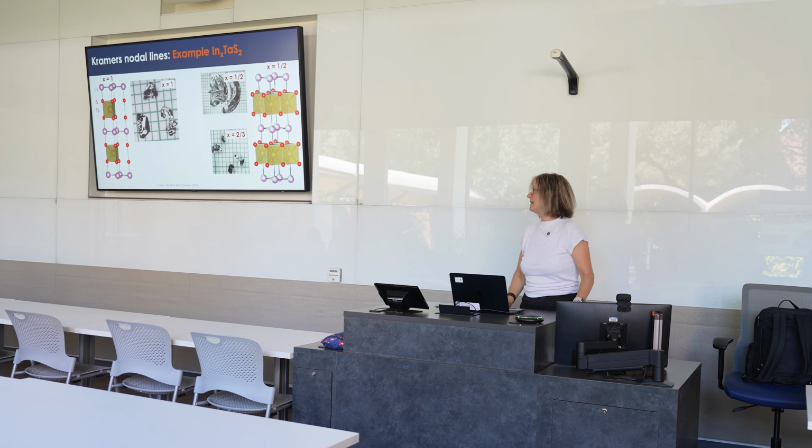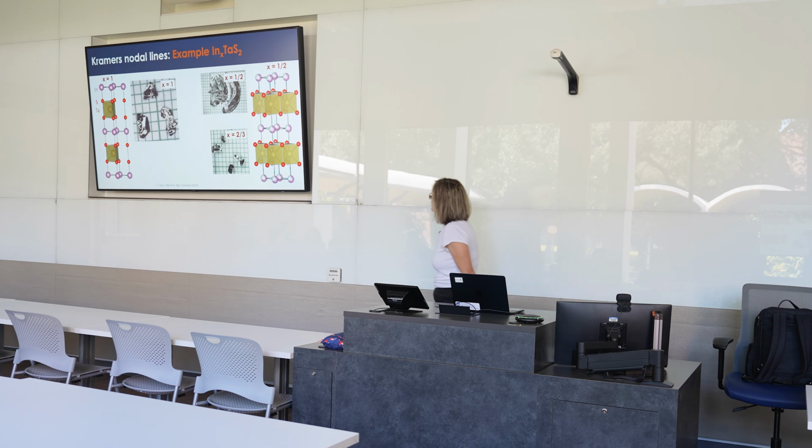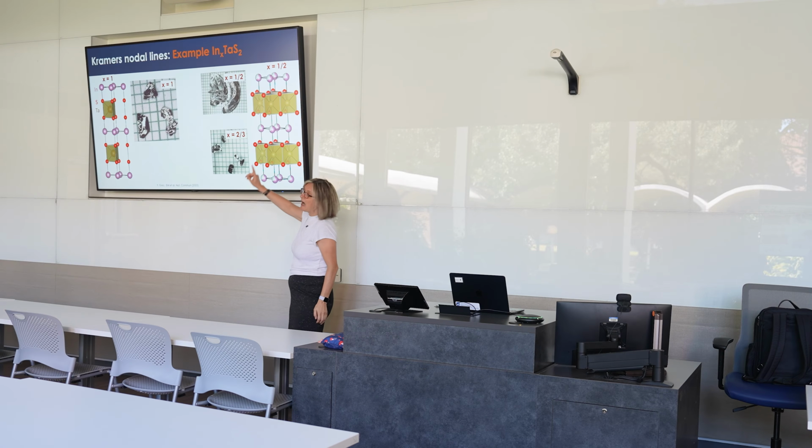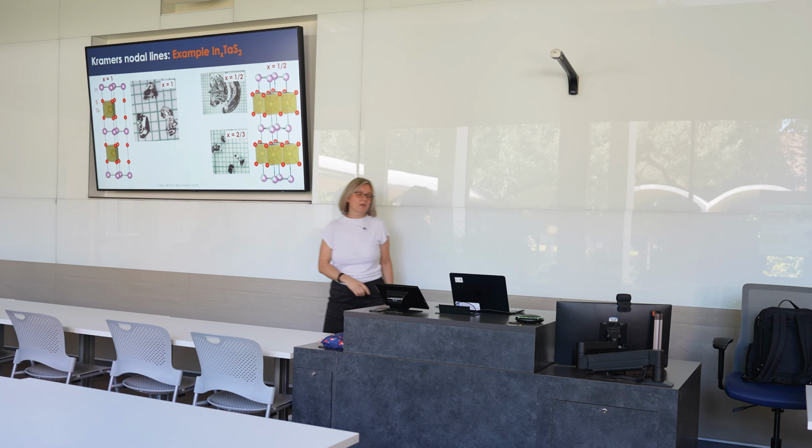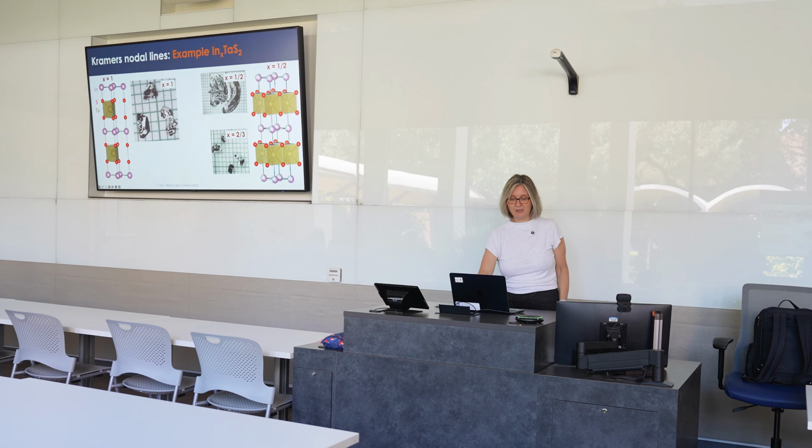Take a look at this here. What I'm showing you is that depending on how much indium we put in, if X equals 1, the indiums go directly on top of sulfur, so that's one crystal structure. If we put X equal 1/2, or we manage to grow some crystals with a composition of 2/3, the indiums go directly on top of tantalum.